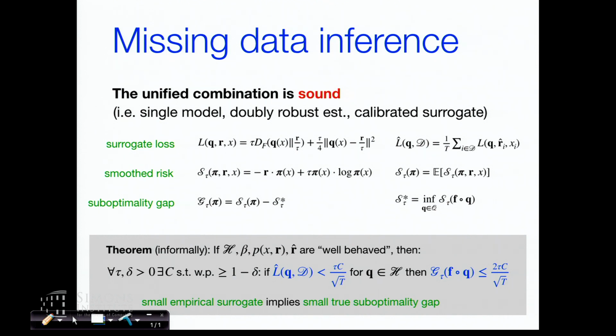And indeed, it's just a textbook exercise to apply things we already know: as long as certain boundedness conditions are assumed, and we use an unbiased inference mechanism, when you combine these things, you can show, with high probability, that a small empirical surrogate risk does imply a bound on the true gap in terms of the expected smooth risk. Okay, so it's not completely arbitrary. It allows us to just apply machinery that we already have lying around.